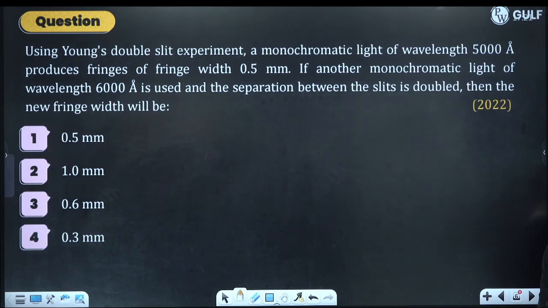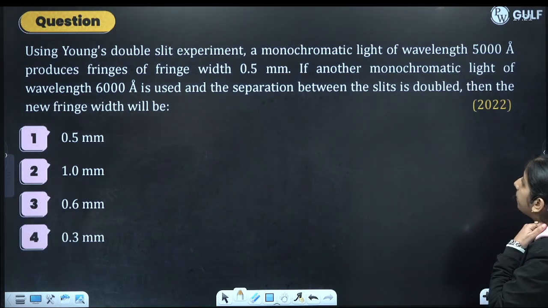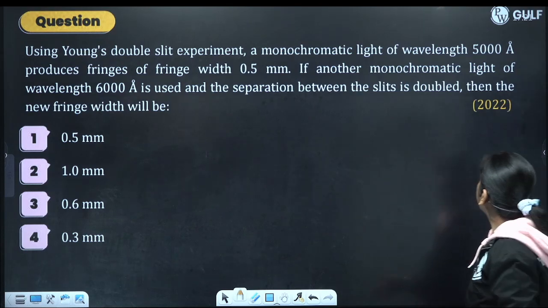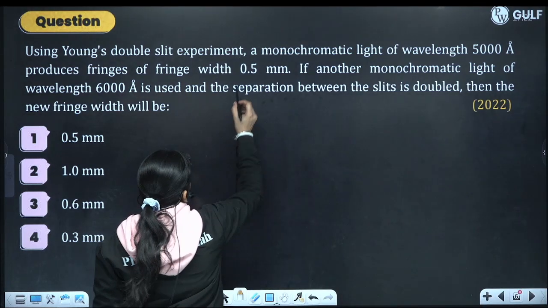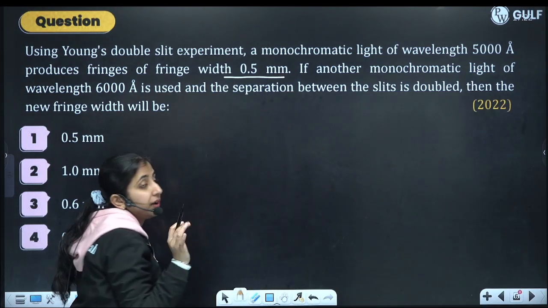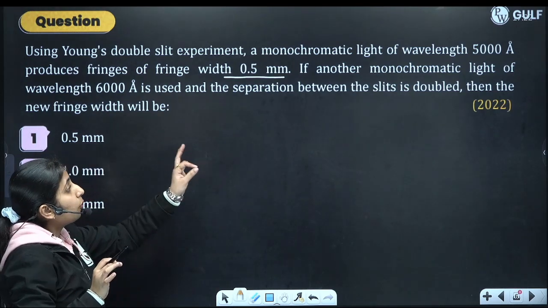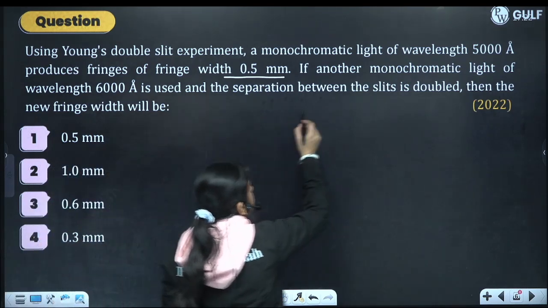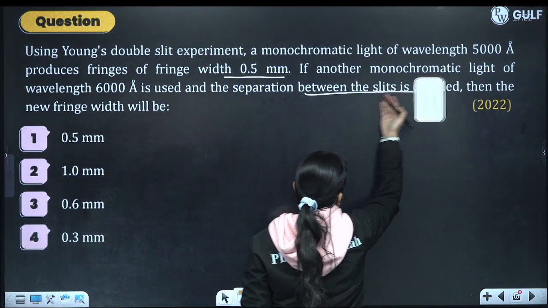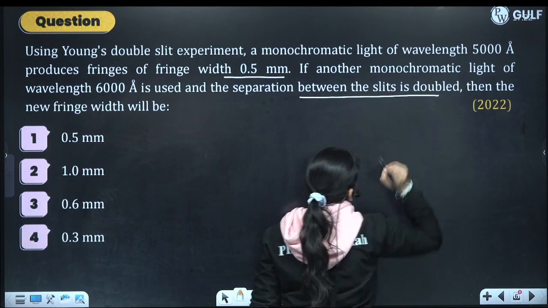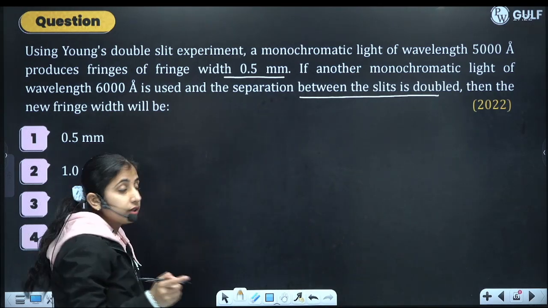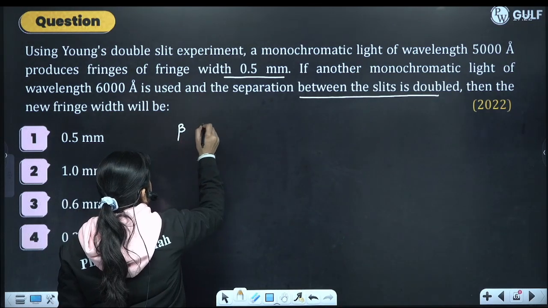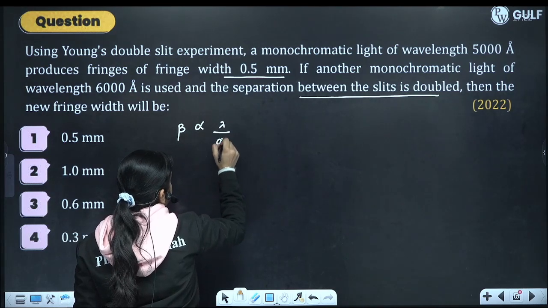Using Young's double slit experiment, a monochromatic light of wavelength 5000 angstrom produces a fringe width of 0.5 mm. If another monochromatic light of wavelength 6000 angstrom is used and the separation between the slits is doubled, then the new fringe width will be? We know that beta is proportional to lambda by d.